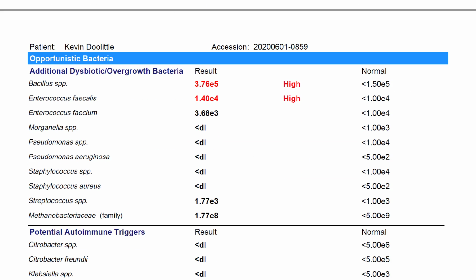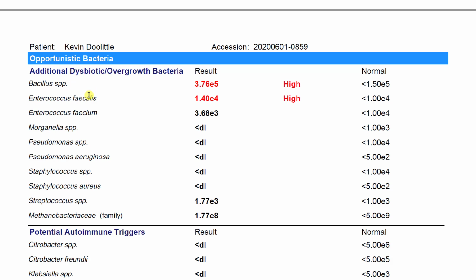As far as opportunistic bacteria go, and again, these are bacteria that are not considered bad. They're not good. It just depends on if you have any other organisms that would be causing problems. In your case, previously you had elevations in Bacillus, Enterococcus, as well as Staphylococcus aureus. So you had three organisms that were overgrowing. Now you just have two. Bacillus is actually a keystone species, so I wouldn't be too concerned with that.